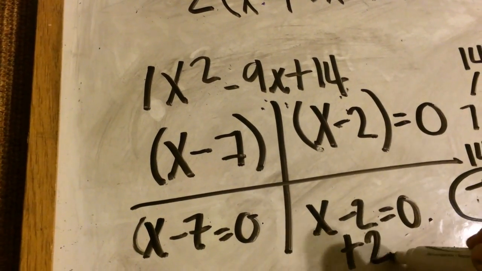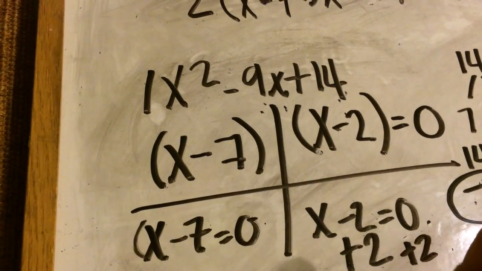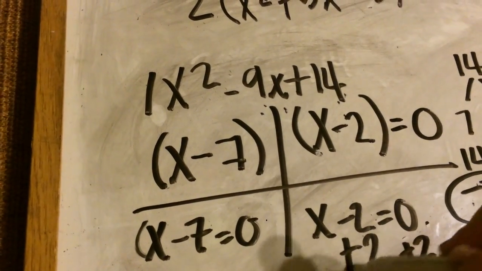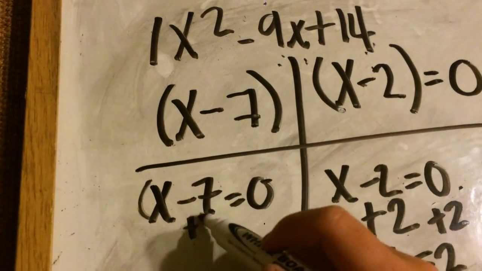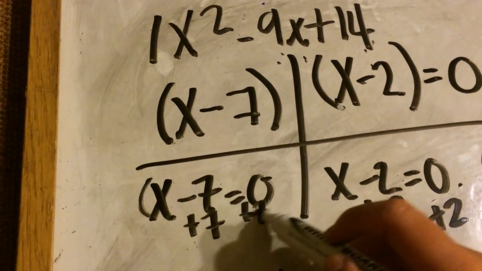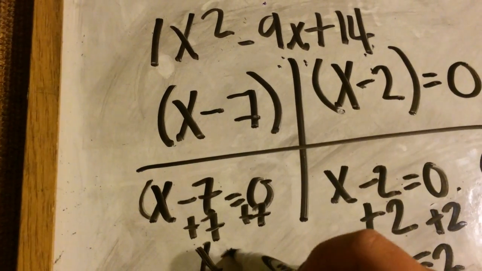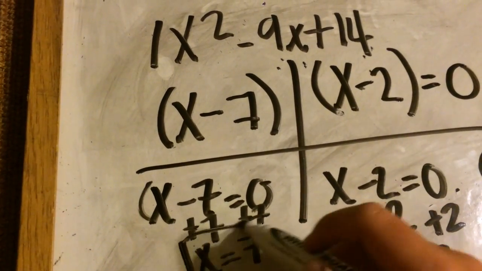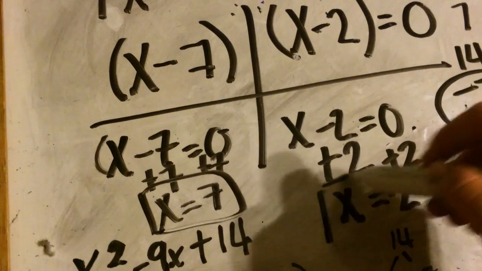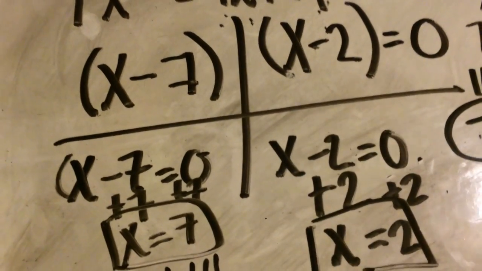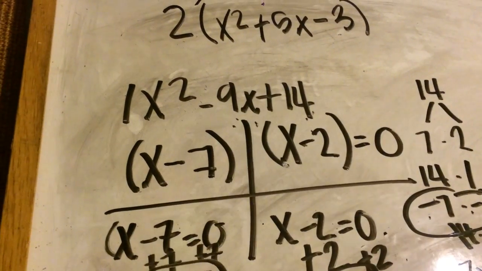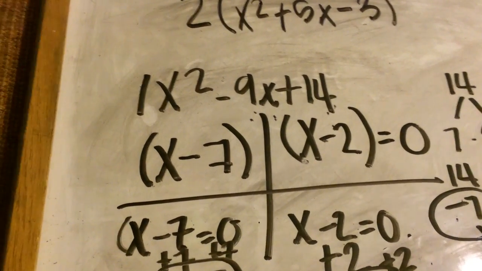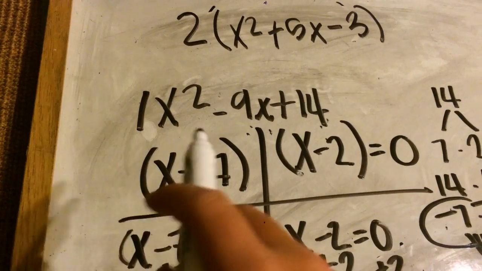We add 2, and we have x equals 2. Then we add 7, and x equals 7. Those are our two solutions to this equation. And again, that value of a was 1.